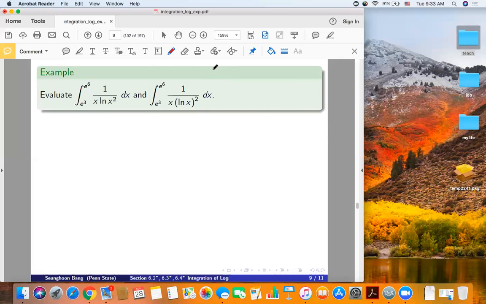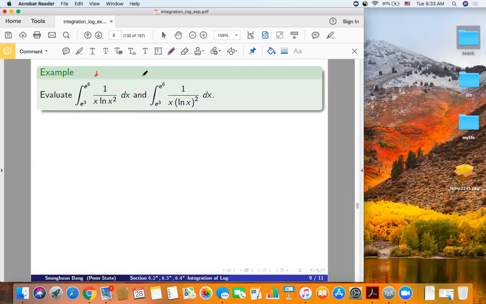Do you have some idea for solving this problem? Which method do you want to use? So we cannot use a formula. In this case, we have to use U substitution.